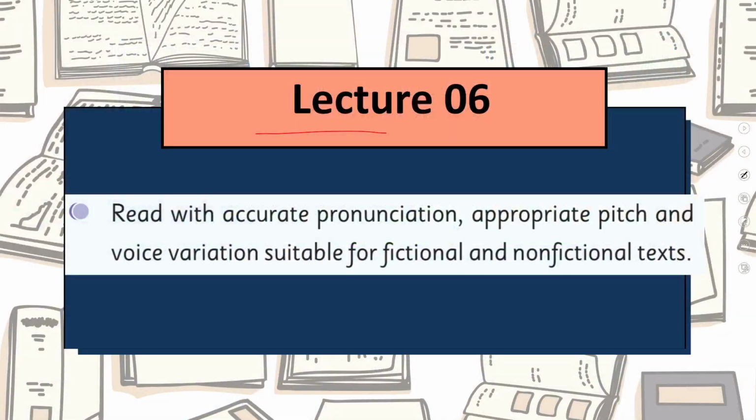For lecture 6, read with accurate pronunciation. This is totally on reading something aloud, with appropriate pitch and voice variations suitable for fiction and non-fictional text. So we are incorporating both the major text categories, fiction and non-fiction.